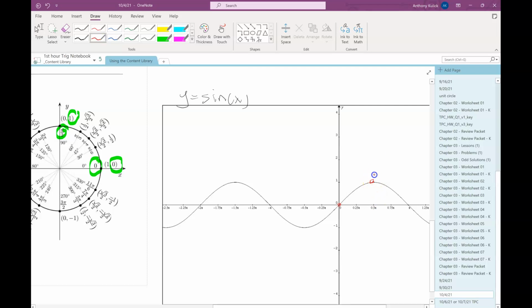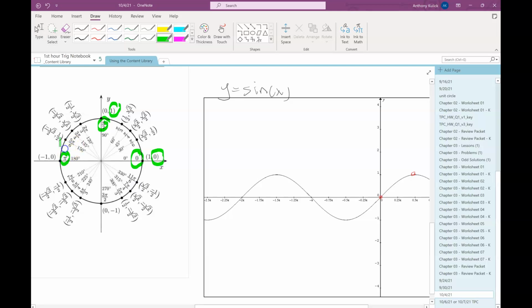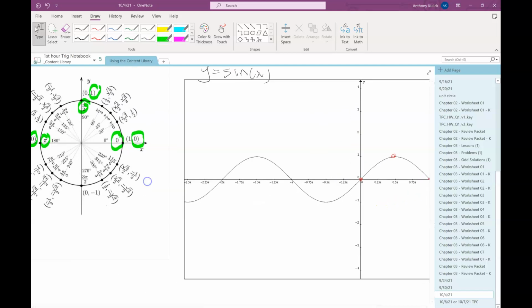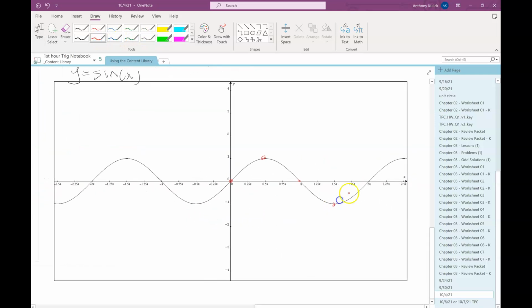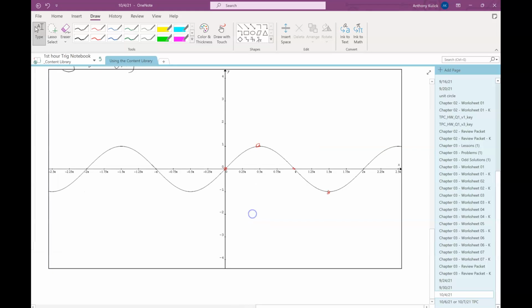So there's that point. And then pi, and 0 would be the output. So there's that point. And then 3 pi over 2 and -1. That would be this point. And then we're back to here at 2 pi, so 0 again.